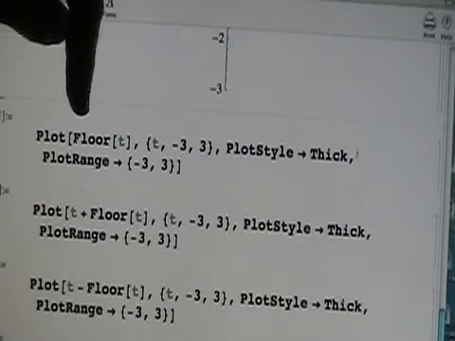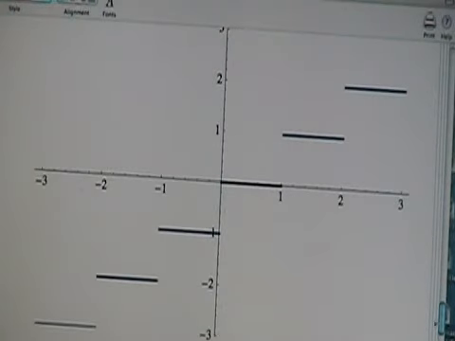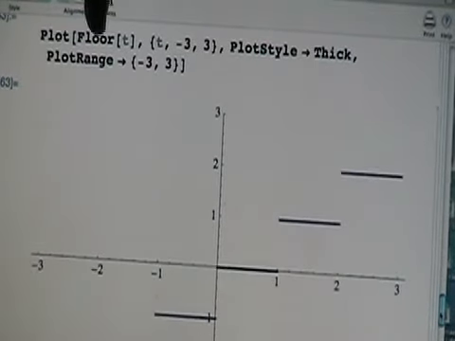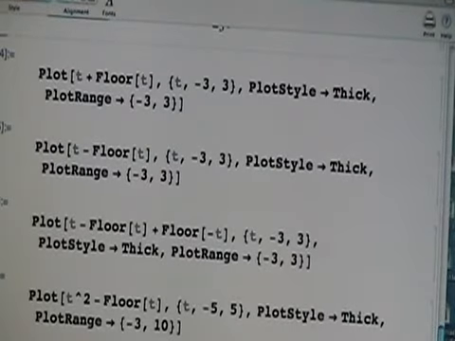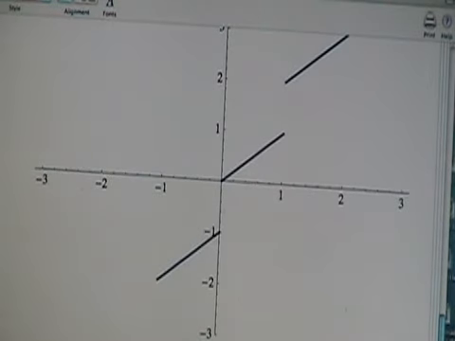There's a function called the floor function, also called the greatest integer function, sometimes int on calculators. It's got a bunch of stairs that actually go on forever and ever. That's the floor function. Here are some interesting related functions. t plus the floor function looks like that.